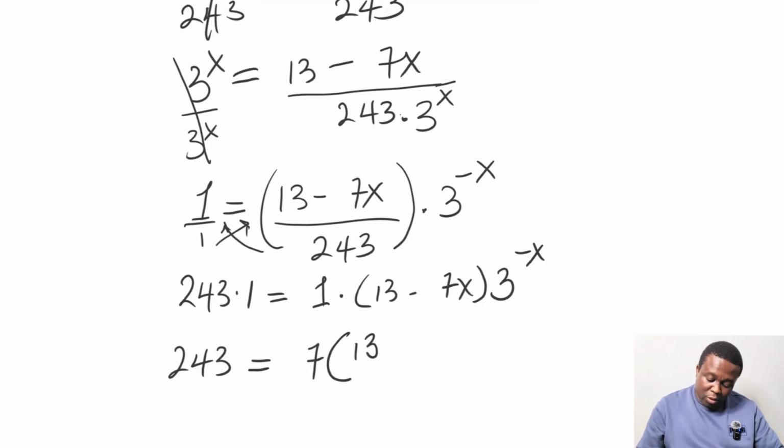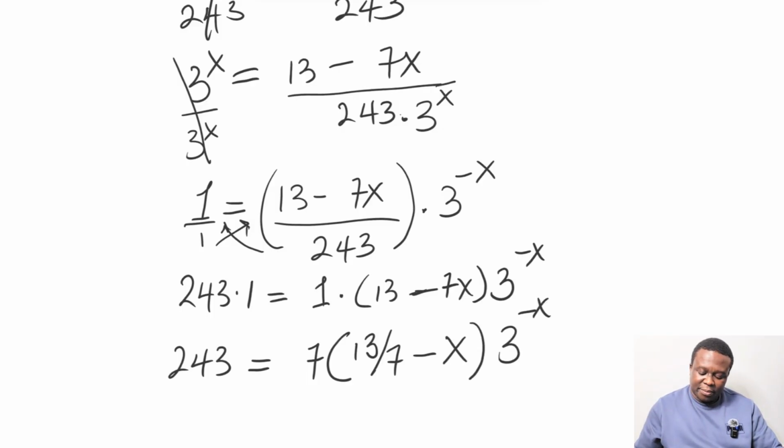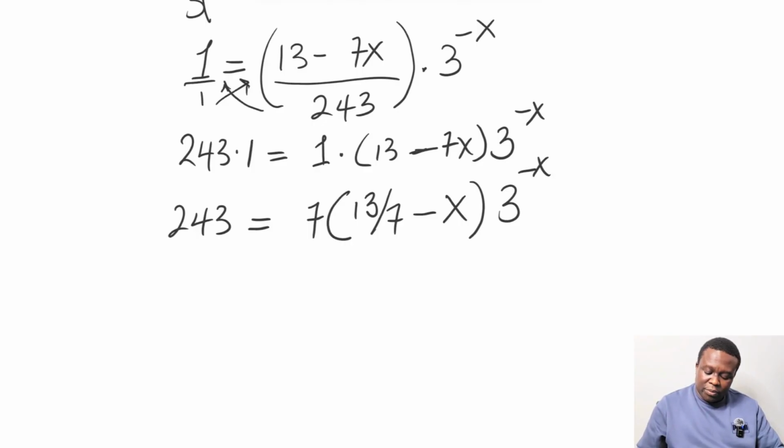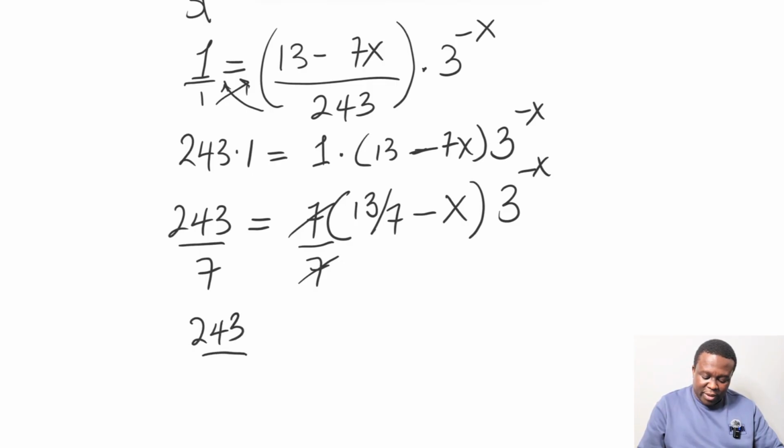So we just take out all the sevens, so we factor out 7. So we have 13 over 7 minus x, 3 raised to the power minus x. Right, so we're going to divide through by 7 so that we get rid of that 7 on the right-hand side. And now what we have is 243 divided by 7 equals 13 over 7 minus x, 3 raised to the power minus x.